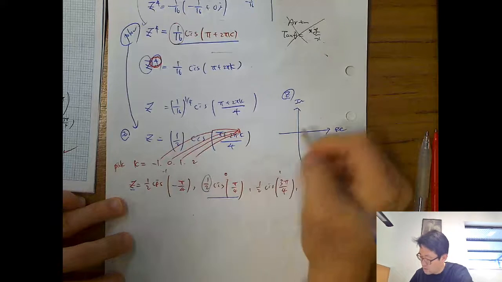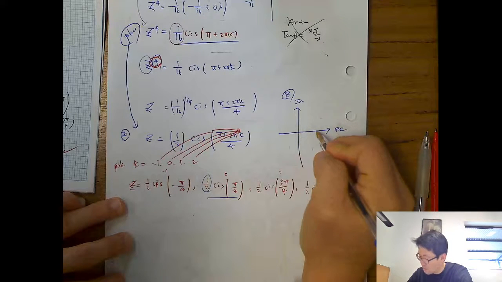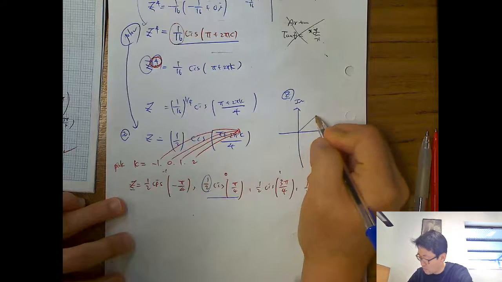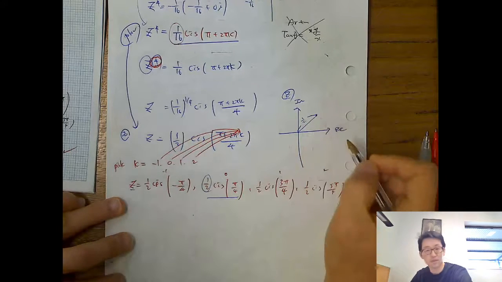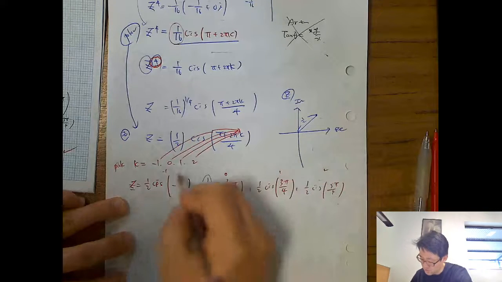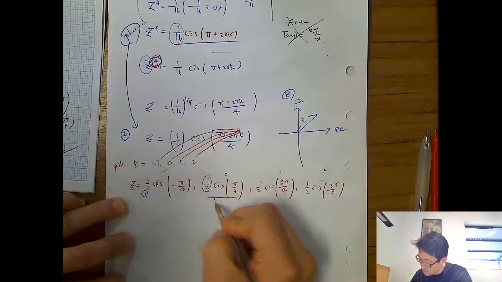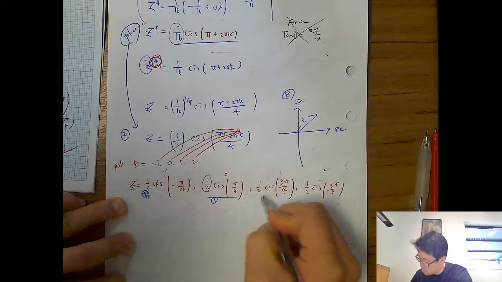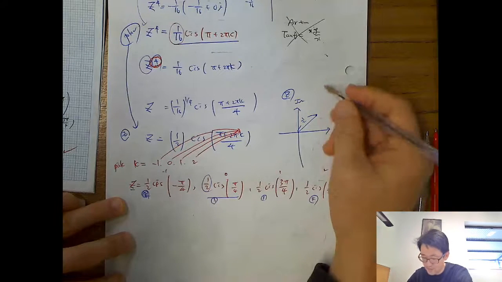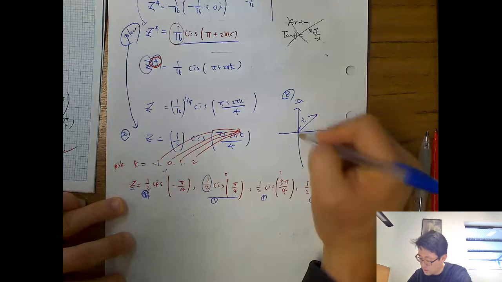The distance is half, and then it moves 45 degrees. So that's what I've done. Yeah, that's going to be the first one. 1, 2, 3, 4. Okay, and then you can draw that.